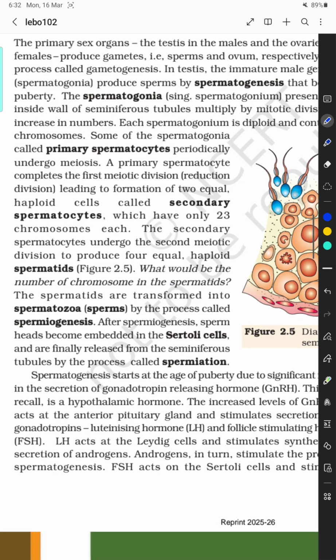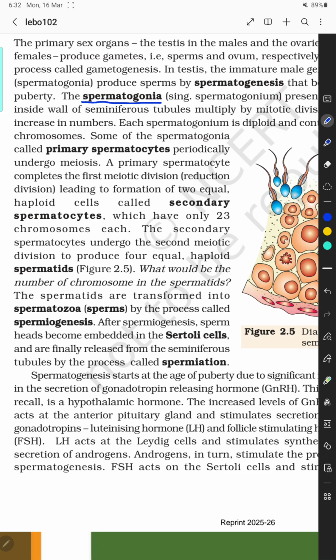As I have told you, spermatogenesis starts with spermatogonia. Then spermatogonia differentiates to form primary spermatocyte. Then primary spermatocyte undergoes first meiotic division to form secondary spermatocyte, which is n. This is n, this is n, this is 2n, and this is 2n.